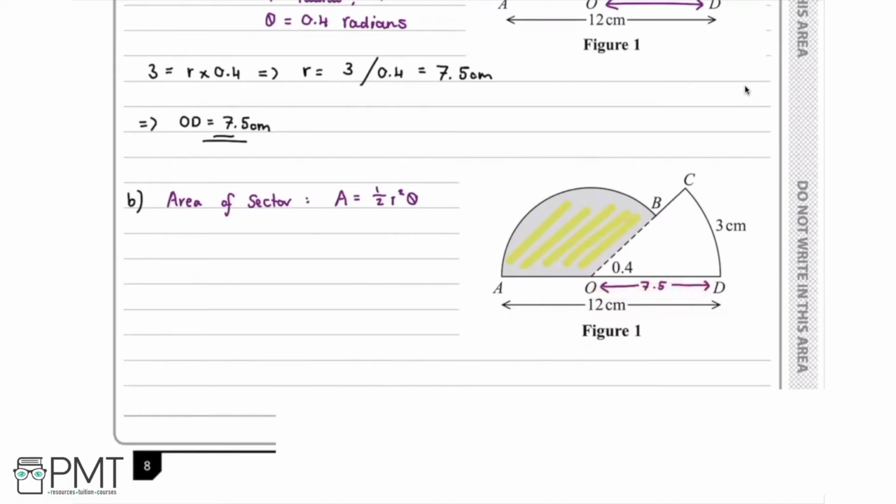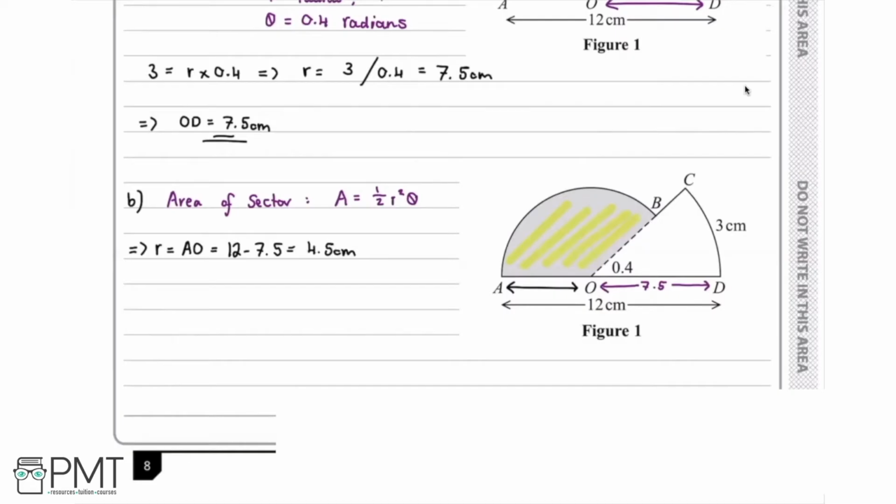So we can now work out A to O by doing 12 minus 7.5. And that is going to be equal to the radius of the circle where the sector shaded in gray comes from. So therefore, R is going to be equal to A to O, which is equal to 12 minus 7.5, which is equal to 4.5 centimeters.